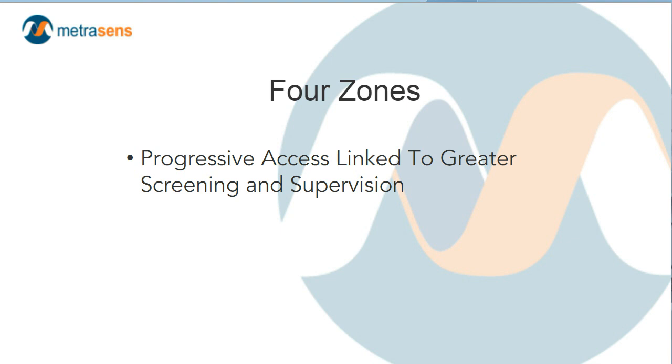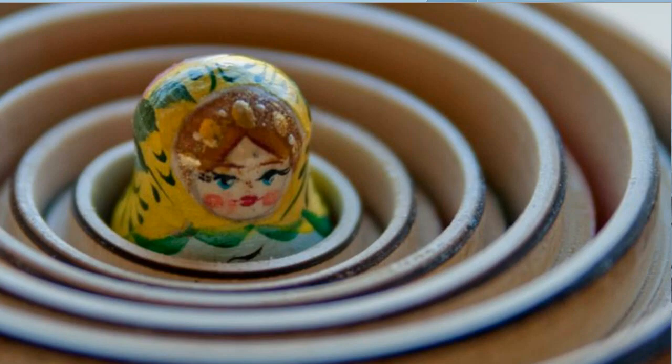What does that look like conceptually? In my mind, it looks like one of those nesting Russian dolls. The MRI is at the very center. It's the nougat in the middle, if you will. But then we have these shells or layers or zones that surround the MRI.